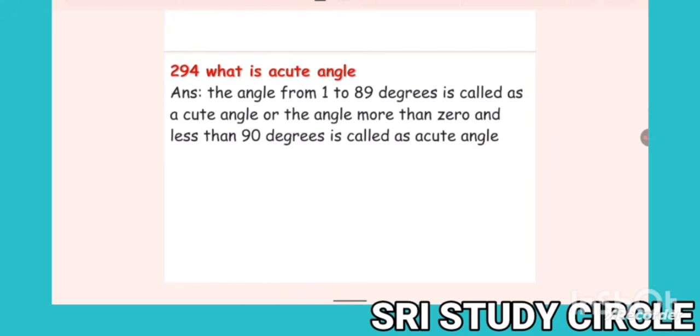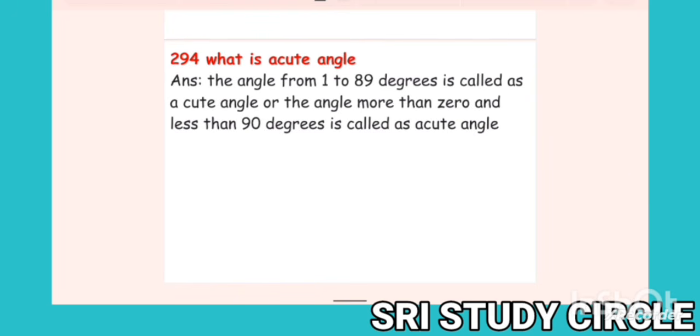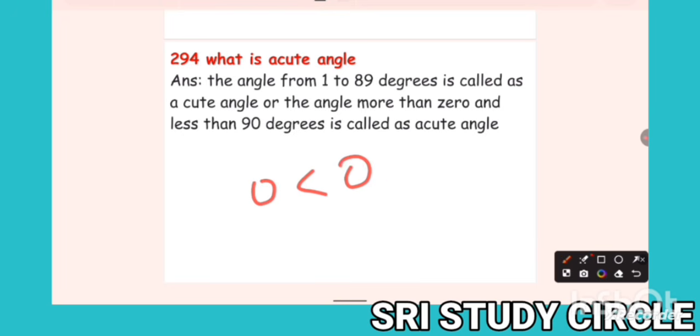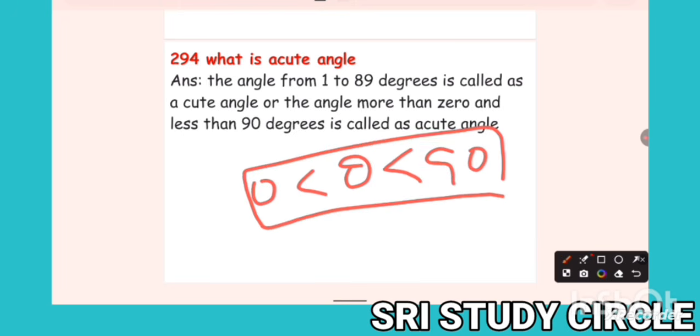What is acute angle? Acute means the angle lies in between 0 and 90, that means greater than 0 and less than 90. 0 less than theta less than 90 is known as acute angle.